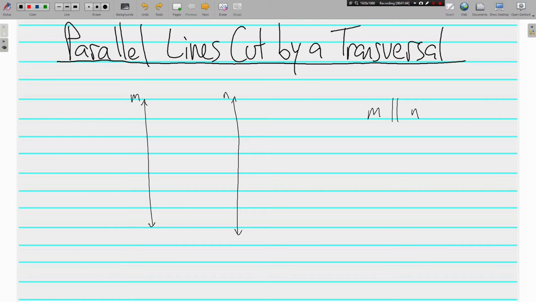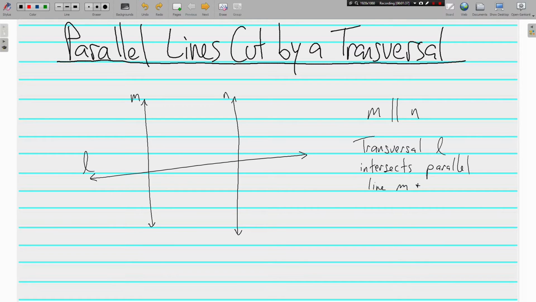Now a transversal is any line that intersects parallel lines. So I'm going to call this one L. And on the side over here I'll write that transversal L intersects parallel lines M and N. Oh, got a few too many humps in my M there.